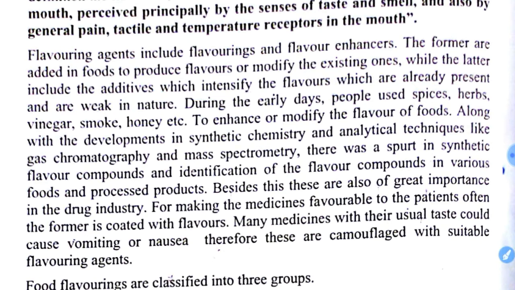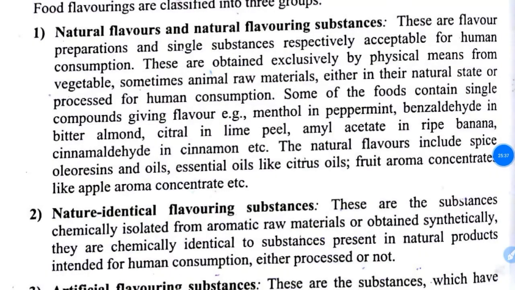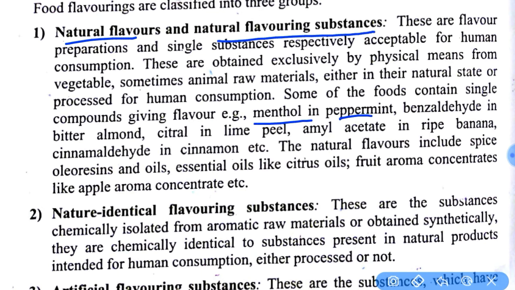Okay, so based upon the chemical constituents and the source, flavoring agents are divided into three groups. One is natural flavors and natural flavoring substances, which are menthol in peppermint, benzaldehyde in bitter almond, citral in lime peel, amyl acetate in ripe banana, cinnamaldehyde in cinnamon, etc.